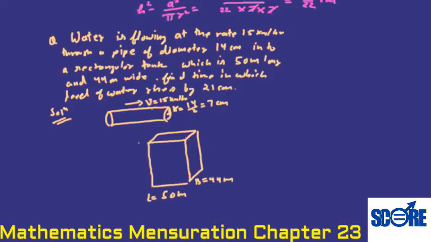Now the water is flowing for some time period. During this time period, the level of the water in this rectangular tank rises up to 21 centimeter. So its height is 21 centimeter, or you can say 21 upon 100 meter. We have to find the time for which the water is flowing, so that the level of the water in the tank is 21 centimeter.